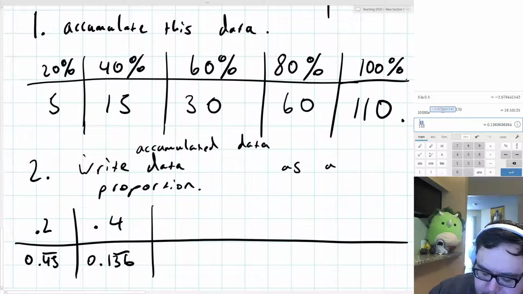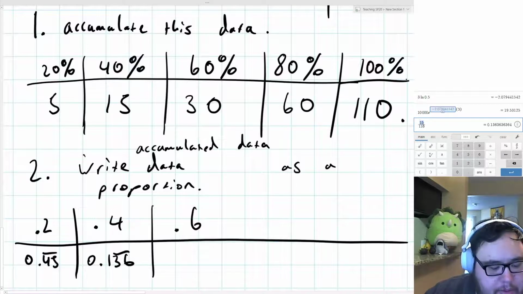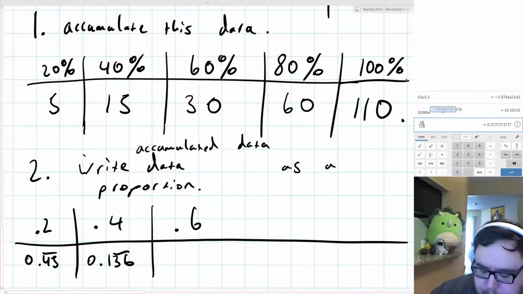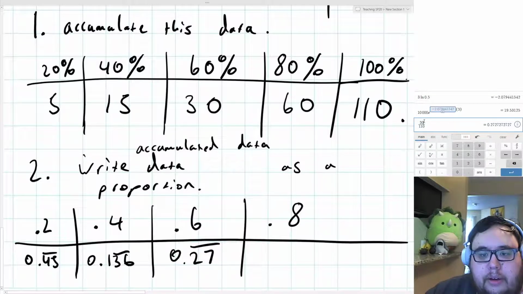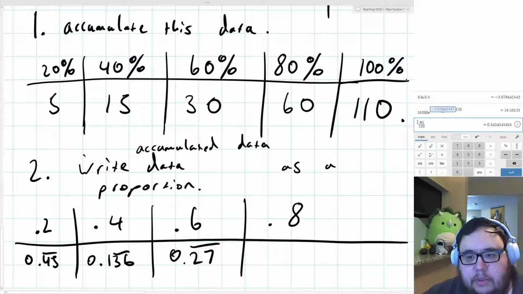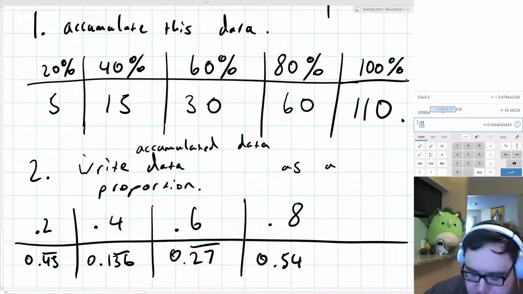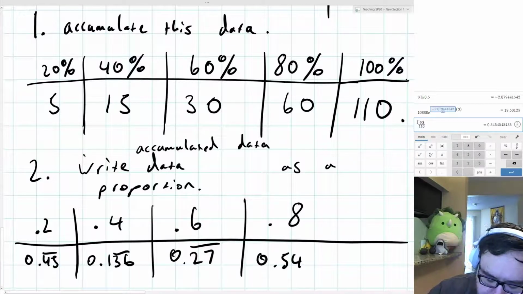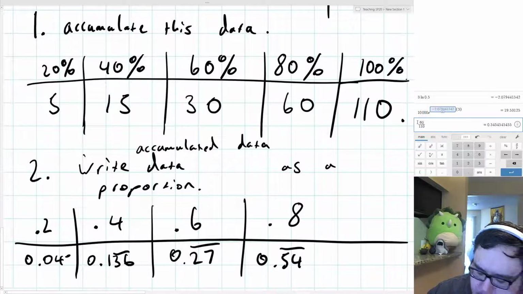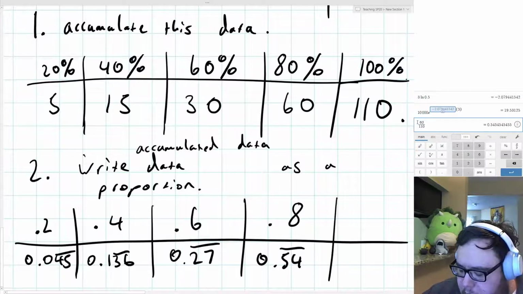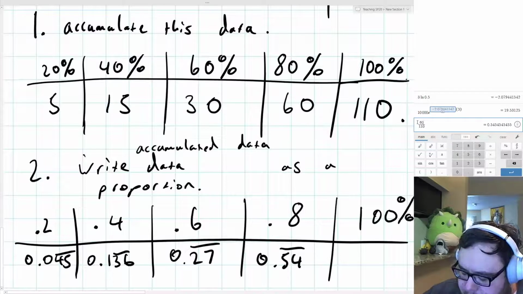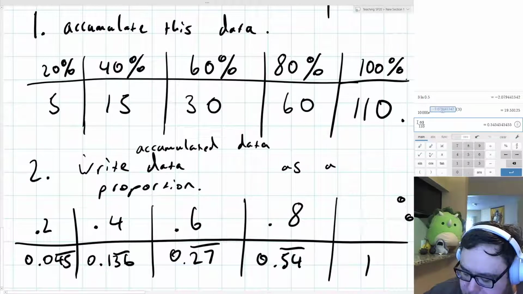For 0.6, we'll have 30 out of 110 of the wealth, which is 0.27 repeating. For 0.8, we'll have 60 out of 110 for the wealth, which is 0.54 repeating. And then finally, for 100% of the wealth, we'll have 1.